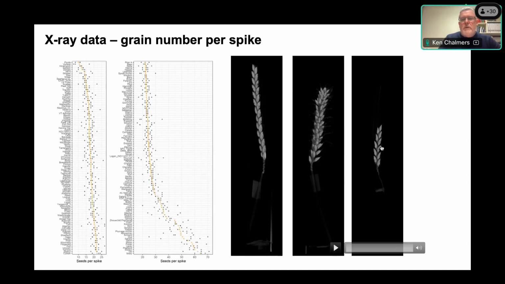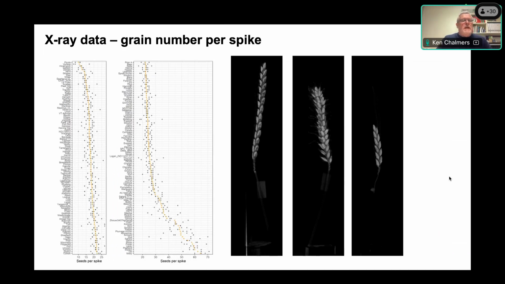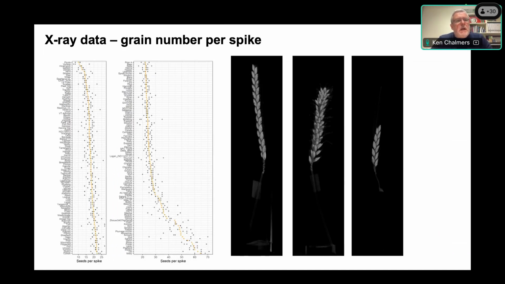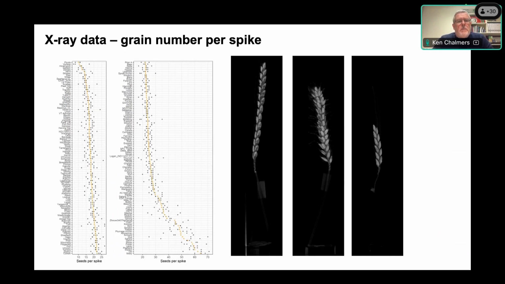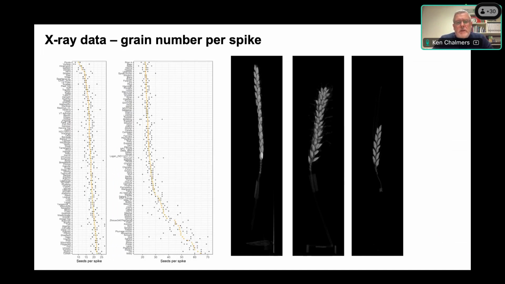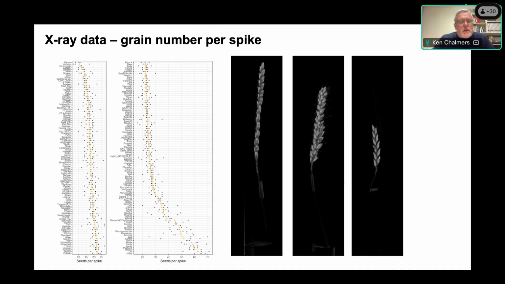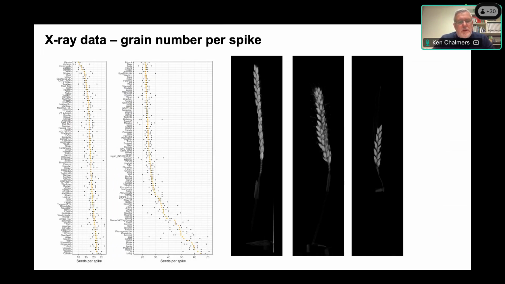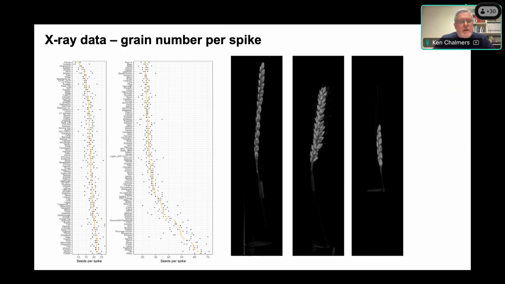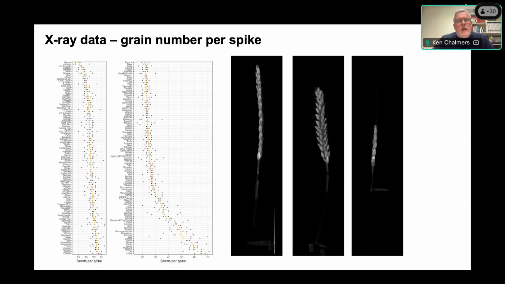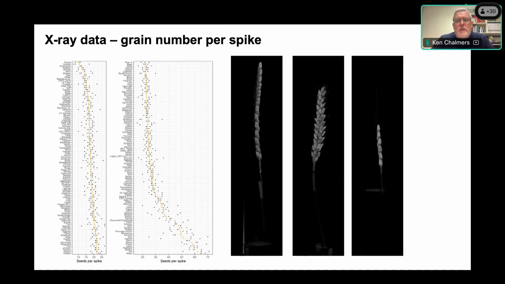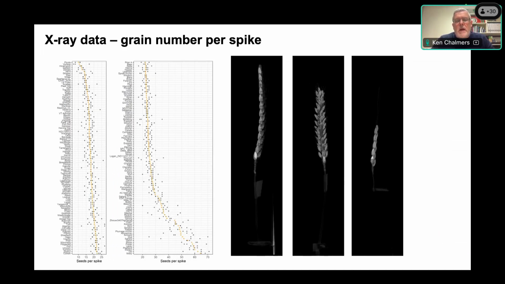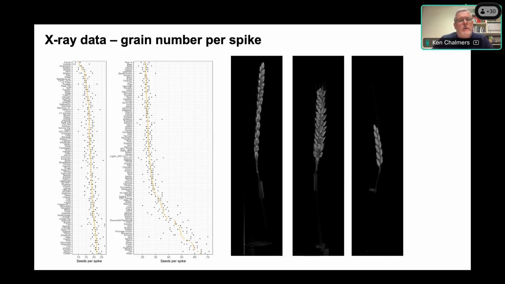We have also collected X-ray CT data on grain number and grain per spike. And these are some images that we've collected. So across the population, we've been able to identify the seeds per spike. And this is just an example of the isolated heads that we've used for the CT scanning.